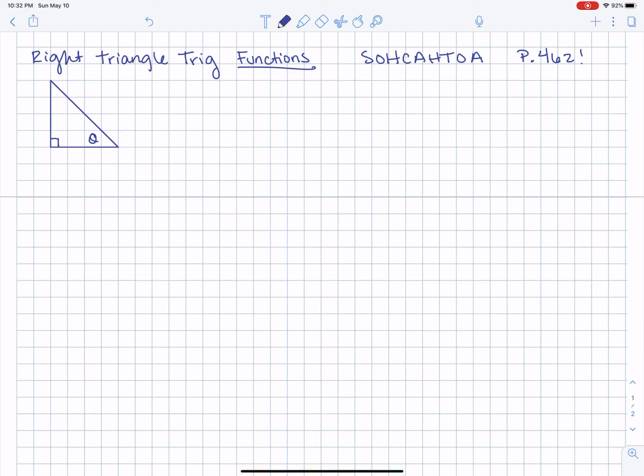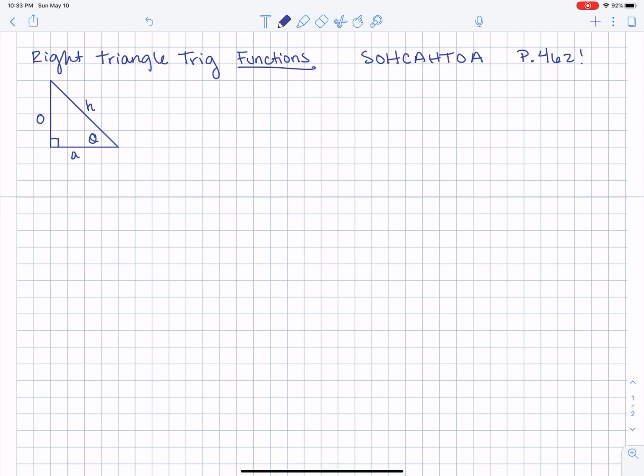I'm going to call this side, the opposite side of theta, O, opposite. Now this is the side next to theta, so it's A, adjacent. And then we always call the side opposite of our right angle our hypotenuse. So we have opposite, adjacent, and then our hypotenuse.